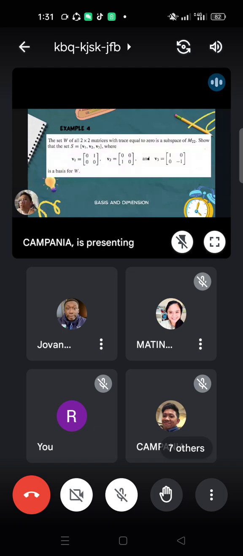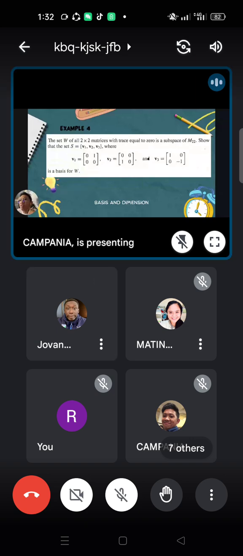V1 is 0 1 0 0, the V2 or vector 2 is 0 0 1 0, and then V3 is 1 0 0 negative 1. Is this a basis of W?